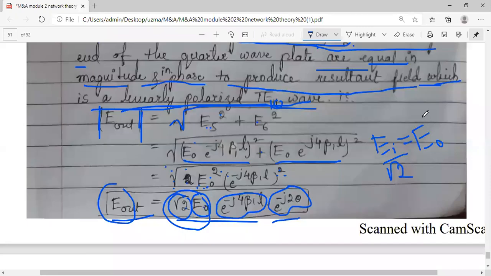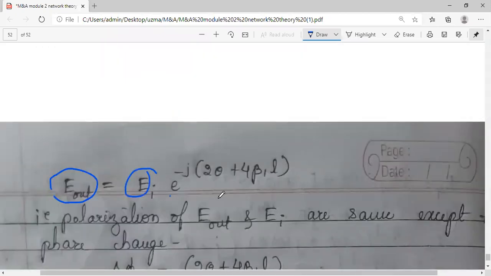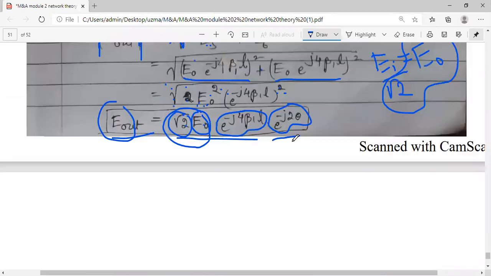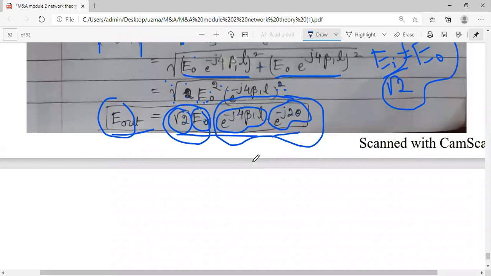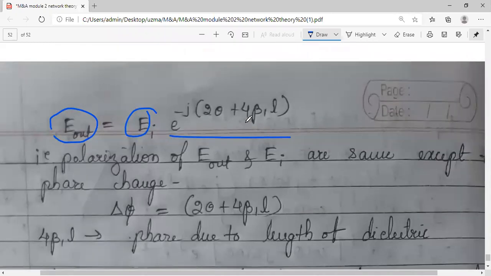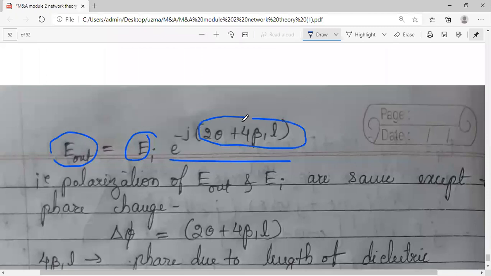Root 2 E naught. What is root 2 into E naught? It is EI. Substitute that. EI into the exponential term. I have only clubbed the exponentials. These two exponential terms, I have clubbed both: 4 beta 1 L and 2 theta, I have combined.